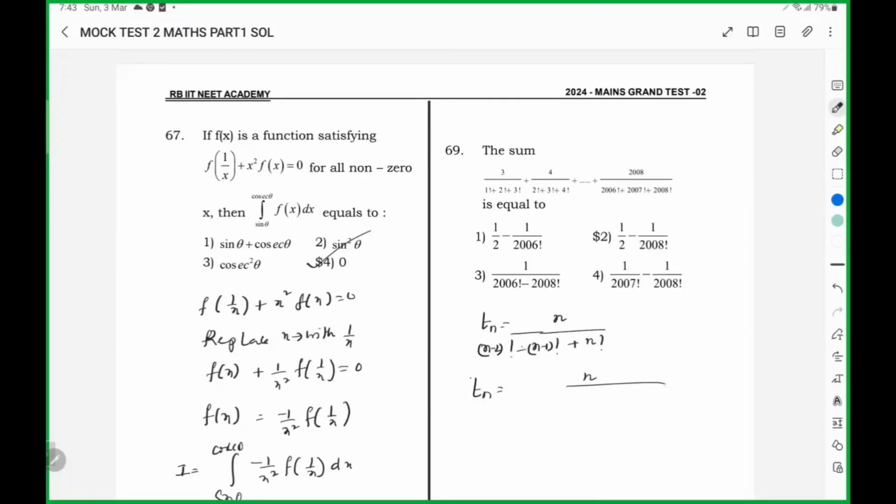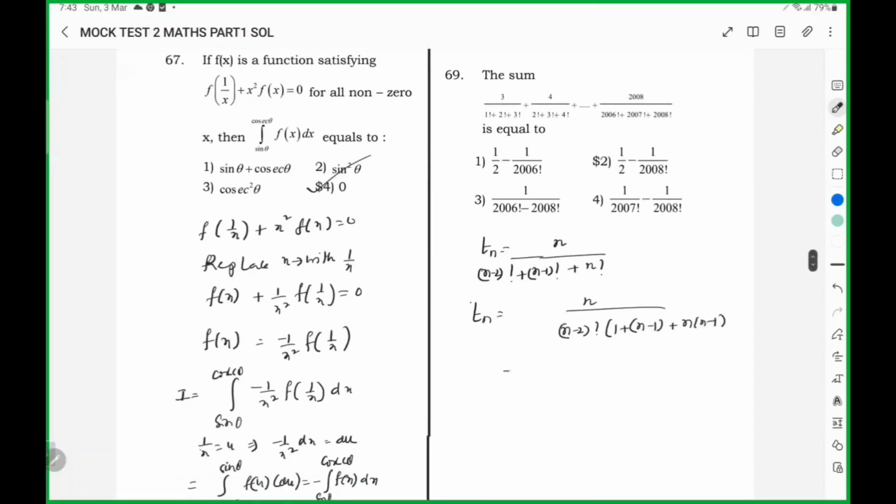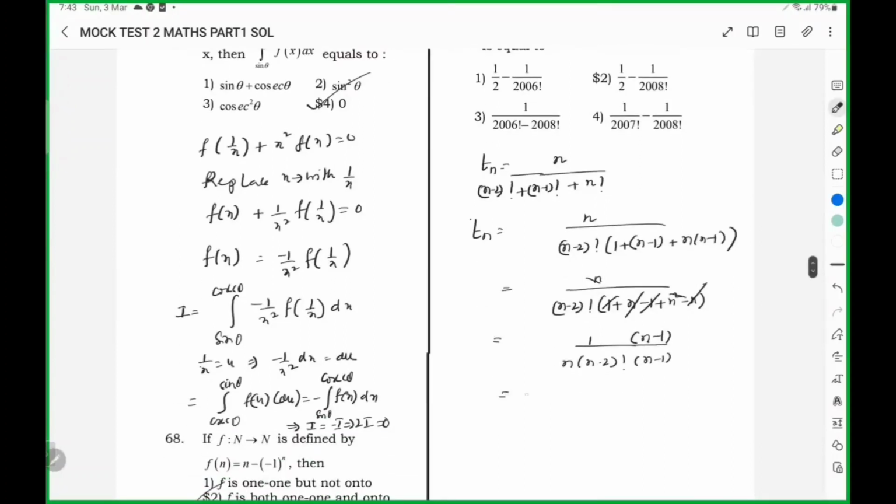So n by (n-2) factorial, if you consider n into (n-1), n squared minus n, gets cancelled. We get 1 by n into (n-2) factorial, which I can write as n by n factorial minus 1 by n factorial, that is 1 by (n-1) factorial.